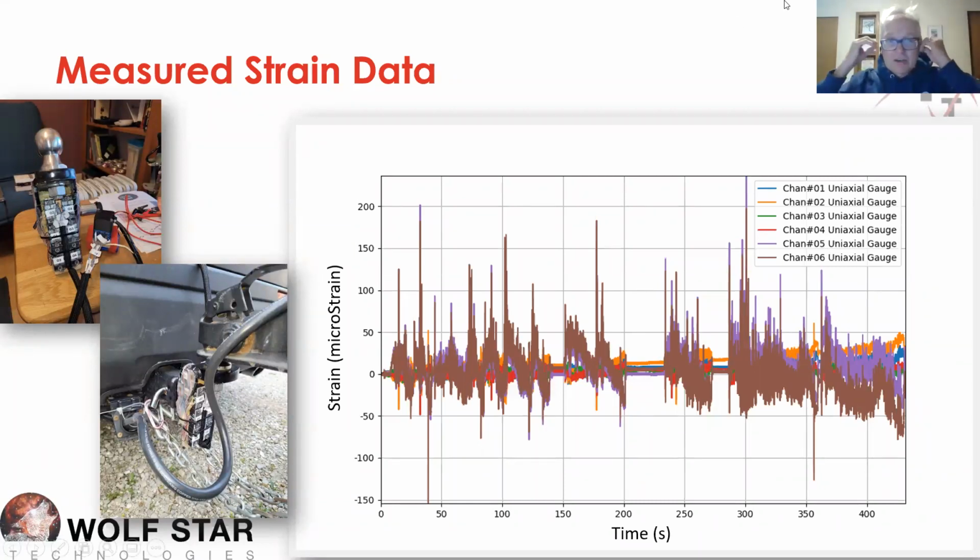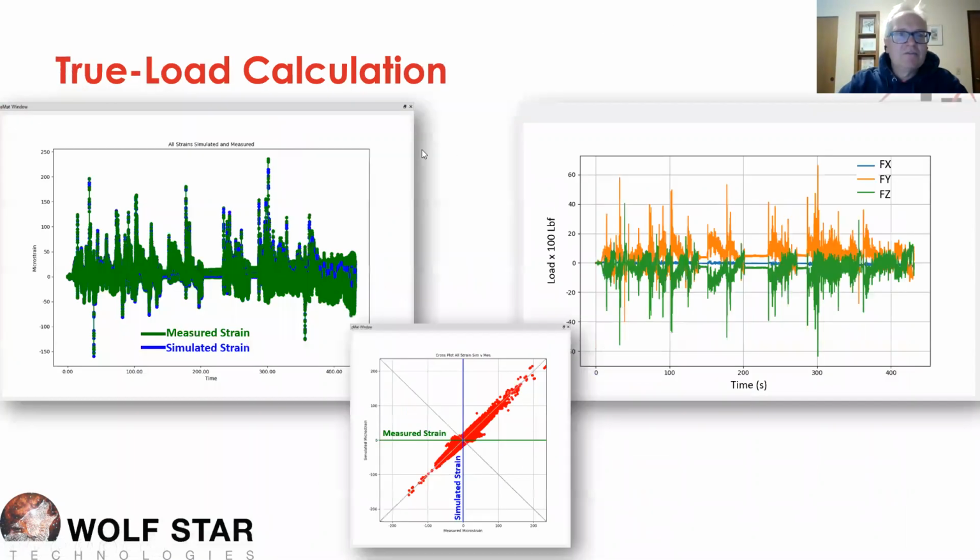And now that I've got the strain data, TrueLoad will then take that and we turn this into loading. So here on the left-hand side, I've got my 6 channels of measured strain data in green. We multiply that by the correlation matrix, and now this outputs time histories of loading, FX, FY, and FZ for my event here.